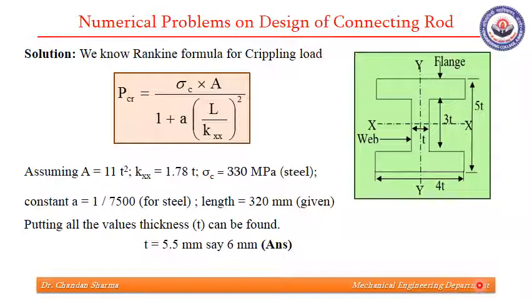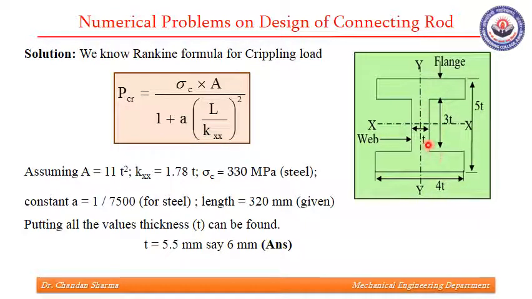And the I section is the only section where IXX is 3.2 times IYY for these dimensions. That is, the height is 5t, the width is 4t, and the thickness of the web is t. So we'll assume this as a standard cross section.